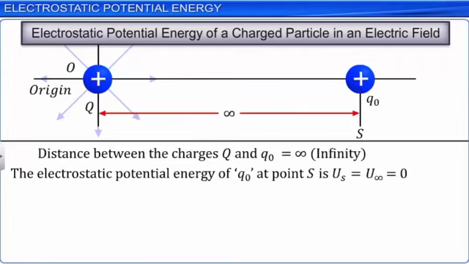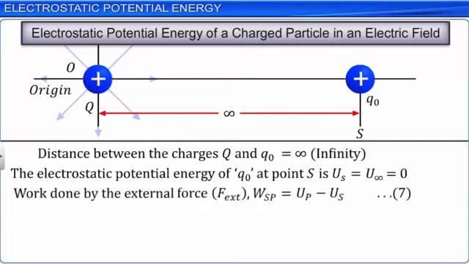Therefore, the work done according to equation 7 can be rewritten as WSP is equal to UP minus U infinity, which can be written as WSP is equal to UP, since electrostatic potential energy at infinity is equal to 0. That is, U infinity is equal to 0.